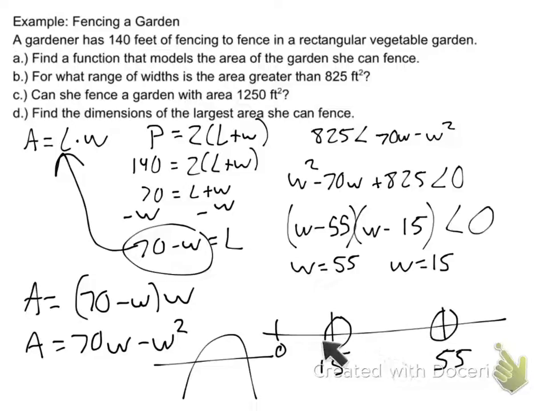So, if I choose 0, put in 0. Is 0 bigger than 825? No. So therefore, I have to shade in the middle. So, you would tell me the answer to part C would be what?